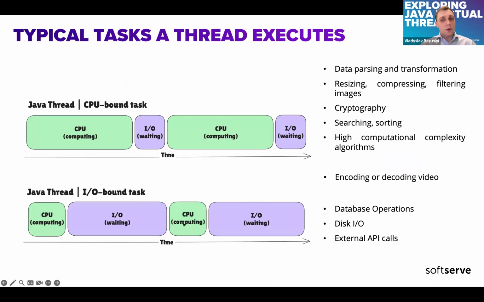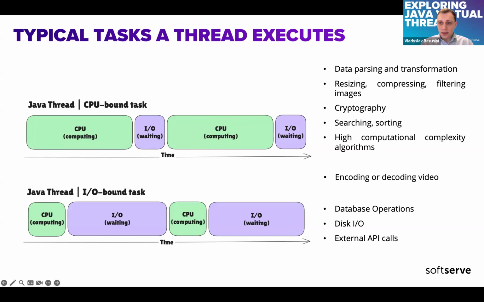Next, before we go into virtual threads, I would like us to look into typical tasks a thread executes. So it's basically a story about IO-bound versus CPU-bound tasks. There are two types of tasks. If a task doesn't carry out many calculations, but it does a lot of input-output operations, it's called an IO-bound task.